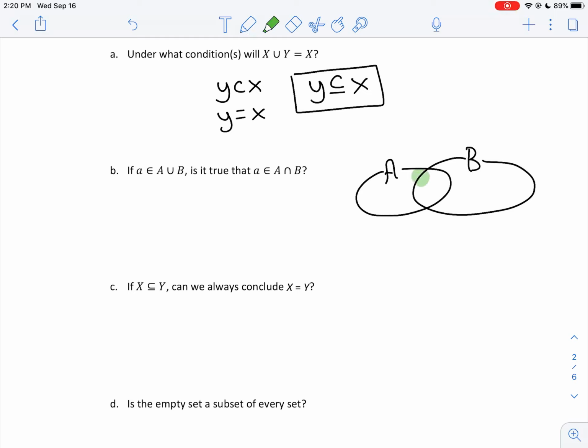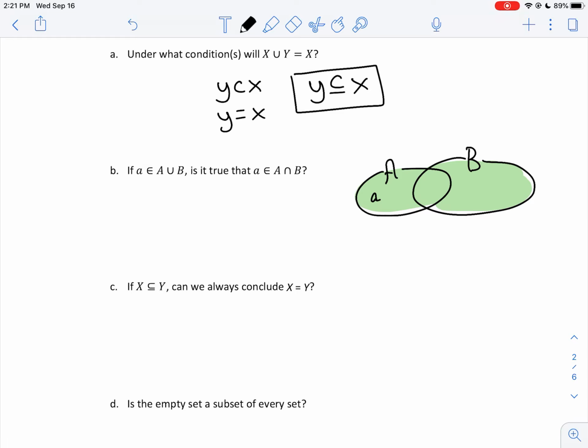The union would be anything in either A or B. So if little a is in the union, then little a could be in this left-hand portion. It could be in capital A, but not in capital B, but it would be in their union.